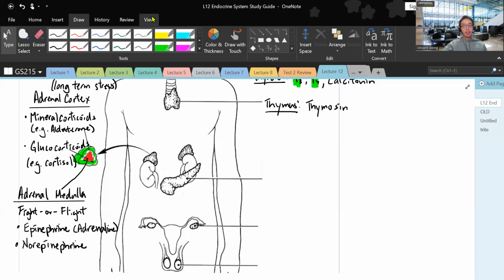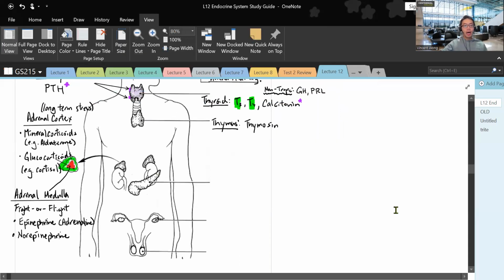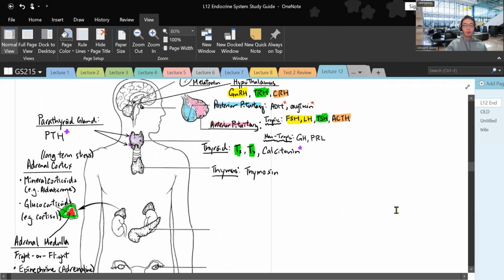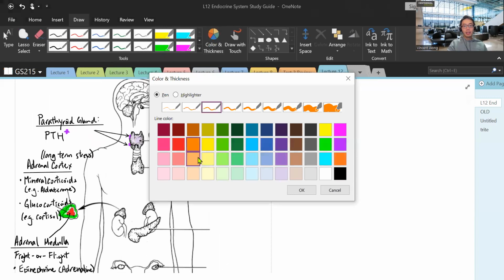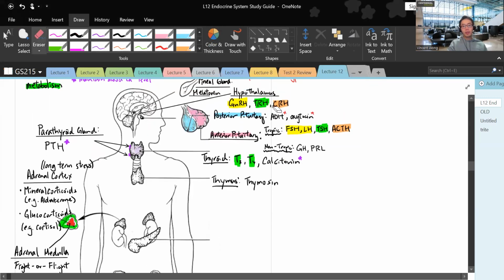Okay. So if you have your highlighters, I am going to take out my orange again. And in this case, we have another pathway. We have the CRH, which would trigger the release of ACTH, which would then go and trigger the release of cortisol and aldosterone.